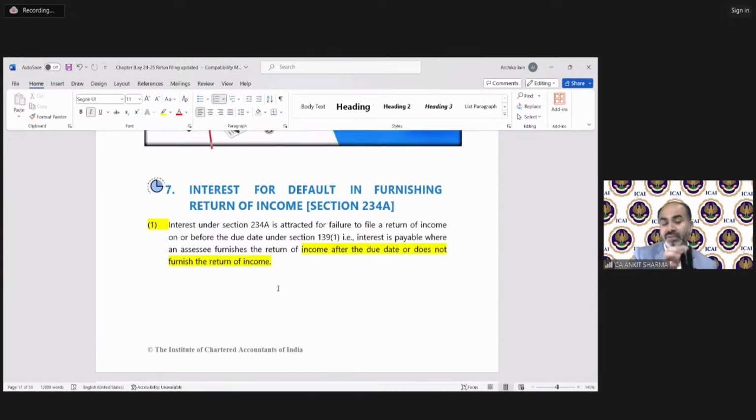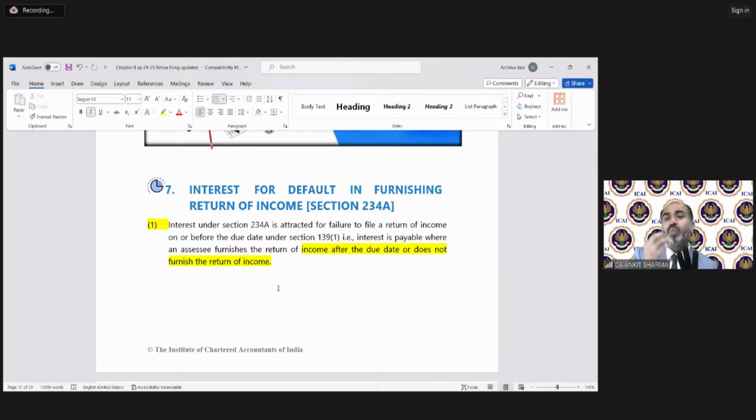Now, the second thing is the amount on which it should be charged. For the time being, whatever your assessed tax is, that is the amount on which interest needs to be charged. The third point is what rate of interest is applicable.